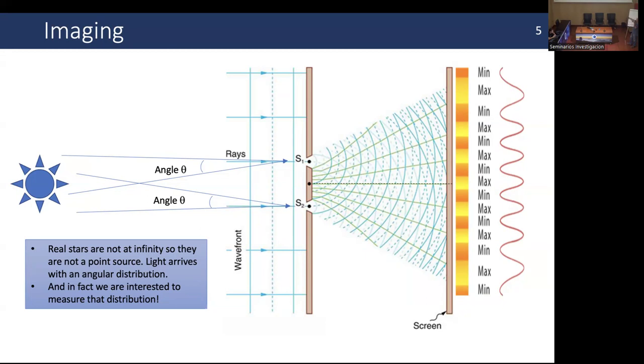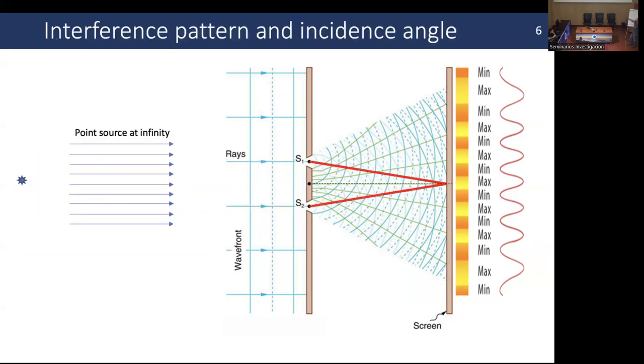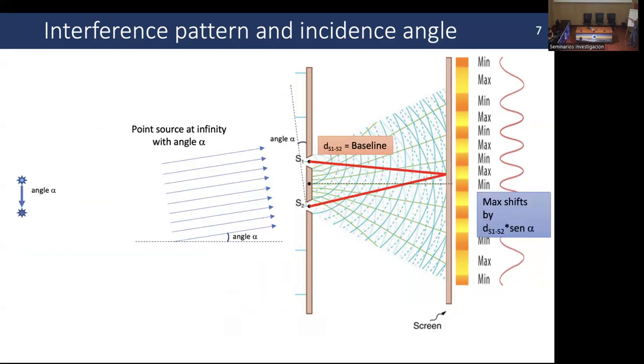So what you have here is, if the point source at infinity is, as before, a plane wave but with an angle, you start to move this distribution of maxima and minima. The maximum is shifting simply because the point where it's the same distance from the two slits is different, right?